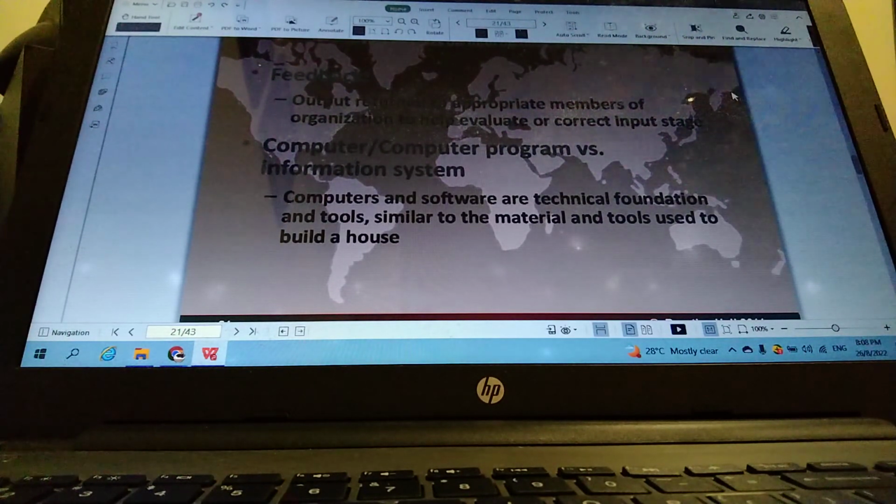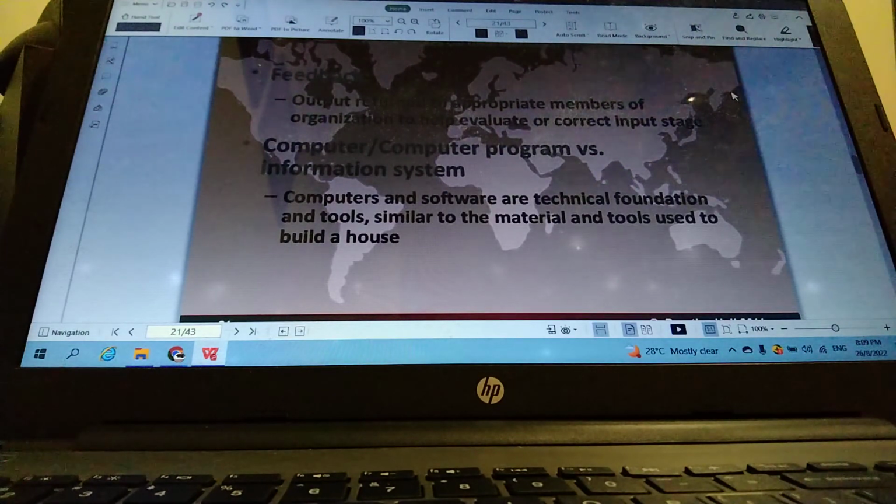Computer is just similar to any other device, and computer program is basically a software with technical capabilities, with technical features in order to do certain tasks, very specific tasks. For example, to accept input, to process the input, to generate output, to do calculation, to do a very specific job.